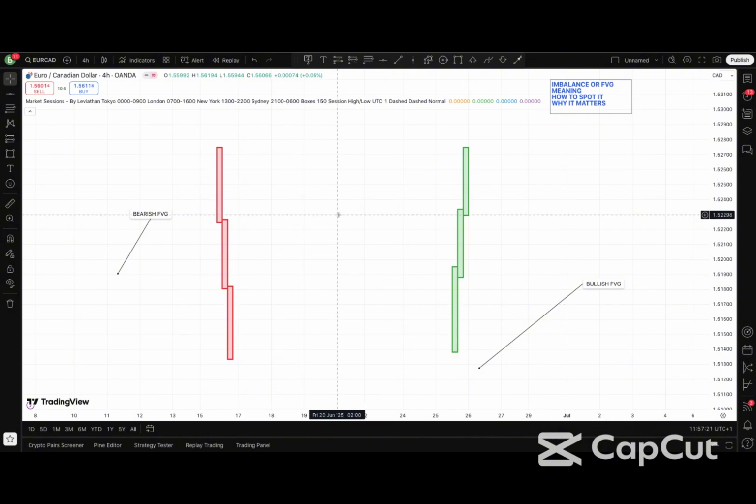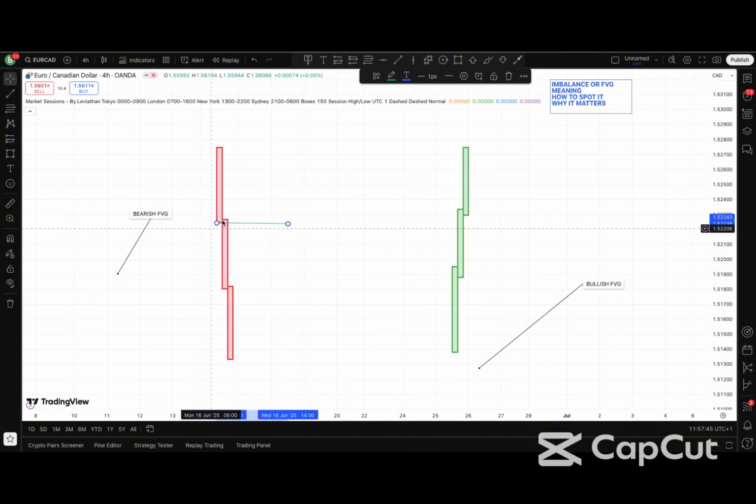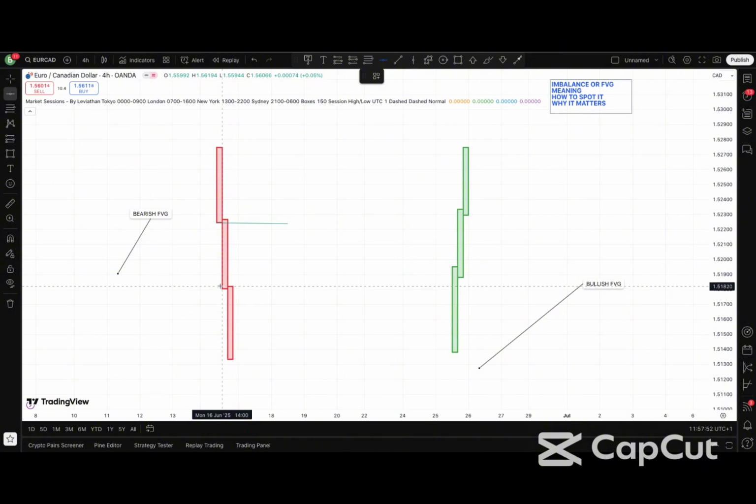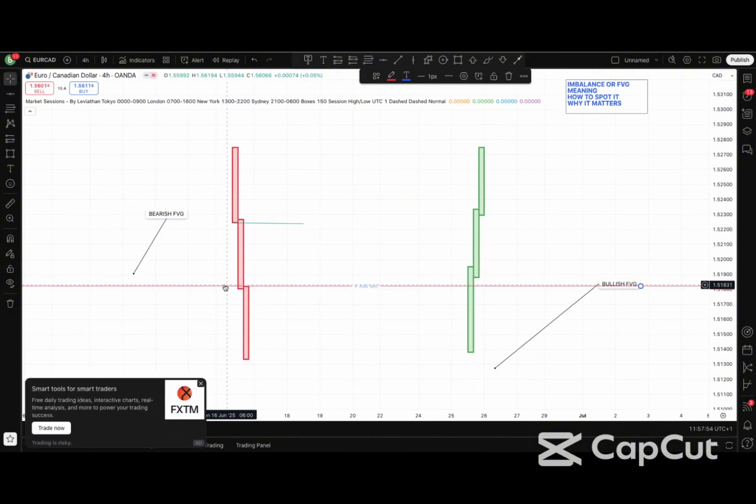So what is the fair value gap? In the bearish fair value gap example that you can see on the screen, you can see the first candle is this very particular bullish candle, and we have another bullish candle, we have another bearish candle, we have three bearish candles that are consecutive in the trend. All right, so the gap at this point, that is the beginning of the gap at the end of candle 1, and at the end of candle 3 you can see that there's another gap at this point.